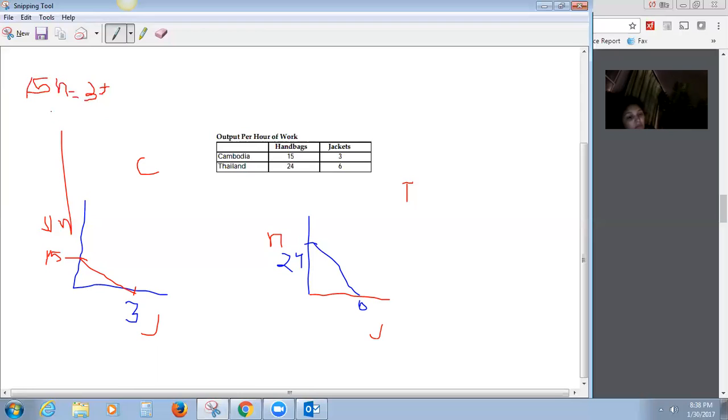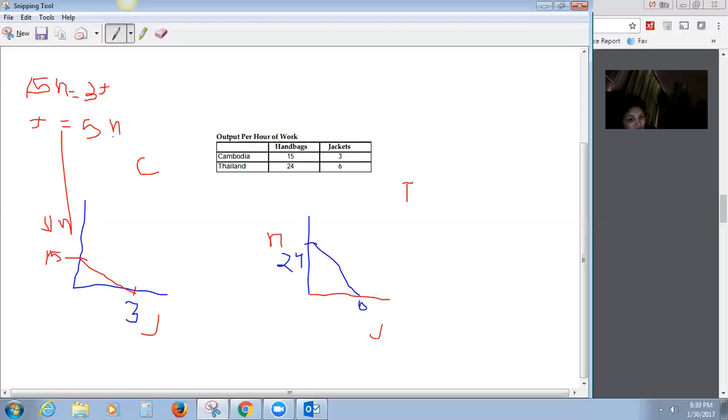So when we're talking about dividing, if I want to find out how many jackets they're making, I can take both sides and divide it by 3. 15 divided by 3 is 5, right? So for every single jacket this country makes, they're giving up 5 handbags. Meaning the time that they make one jacket, they have to give up 5 handbags.